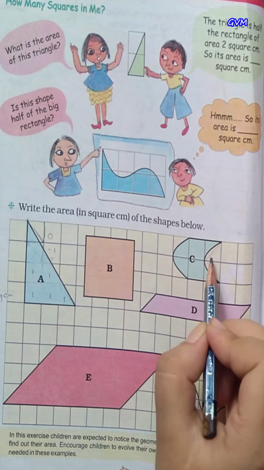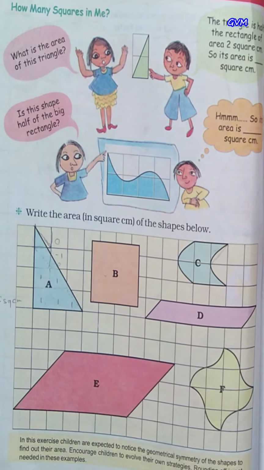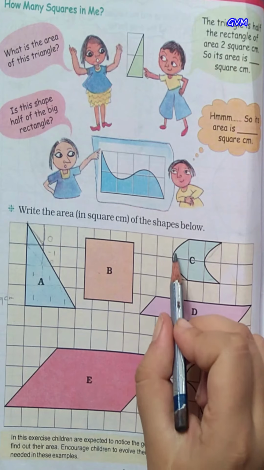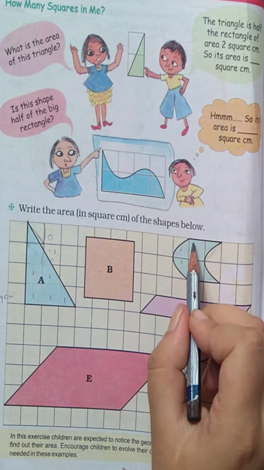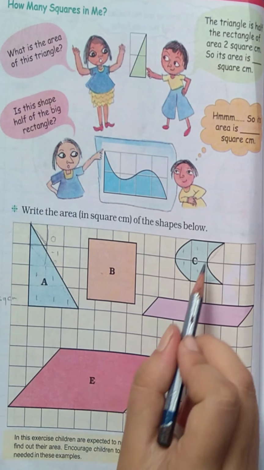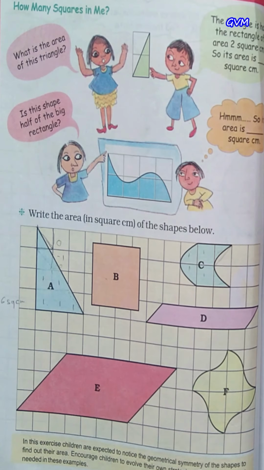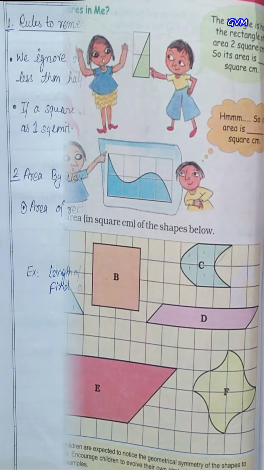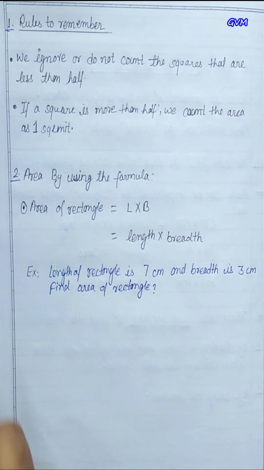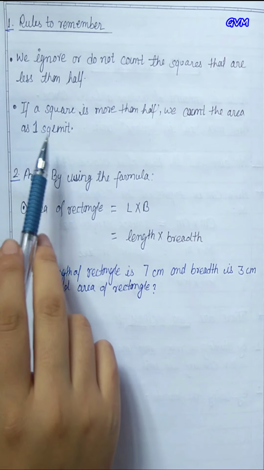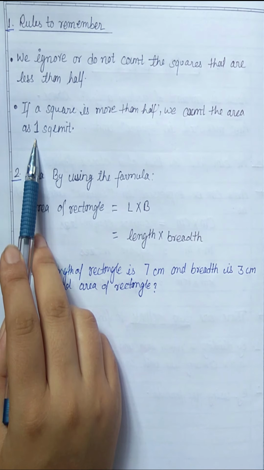So this is less than half, so we will not consider this part, also this part. And this is more than half. We will consider it as 1, 1, and this is 1 and 1. So the area of this figure is 4 square centimeter. So the rule is we will ignore the square if it is less than half, and we will count it as 1 if the square is more than half.